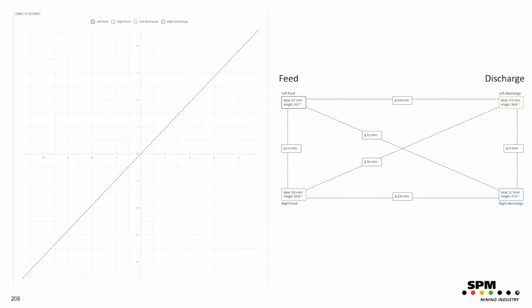We also measure the side movements, but that's not displayed in this example. And in this dashboard, we have a reference line for the optimum throw direction. The optimum throw direction can vary from vibrating screen to vibrating screen, so of course this can be changed for different angles.